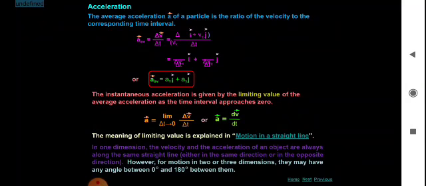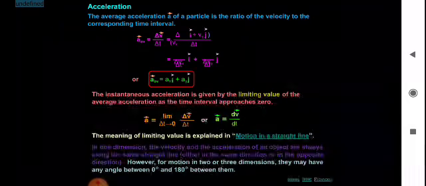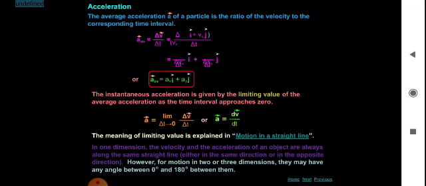So the instantaneous acceleration vector a is equal to limit delta t tends to 0 of the vector delta v divided by delta t, or this can be written as vector a is equal to dv divided by dt. The meaning of limiting value is explained in the motion in a straight line lesson.